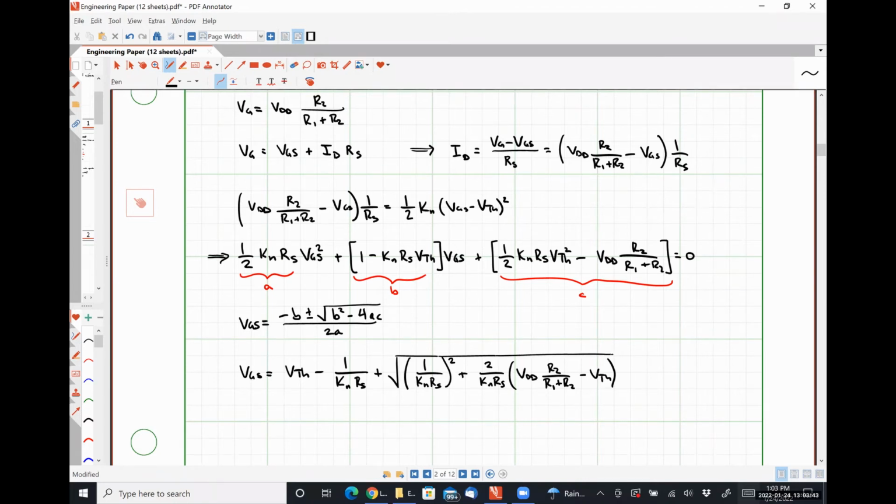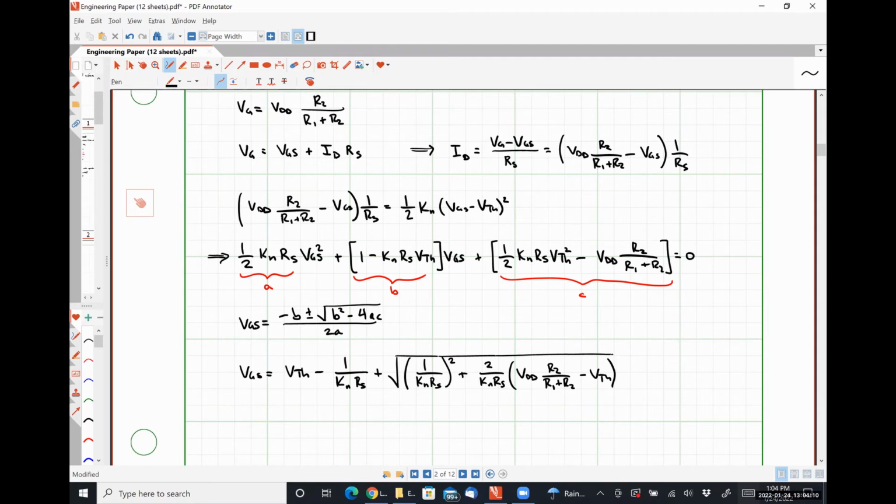I have not yet found a case in which this solution does not provide a VGS value that is both positive and larger than VTH, but I have not tried every possible combination of numbers, obviously, because that can't be done. So we are going to call this our solution for VGS.